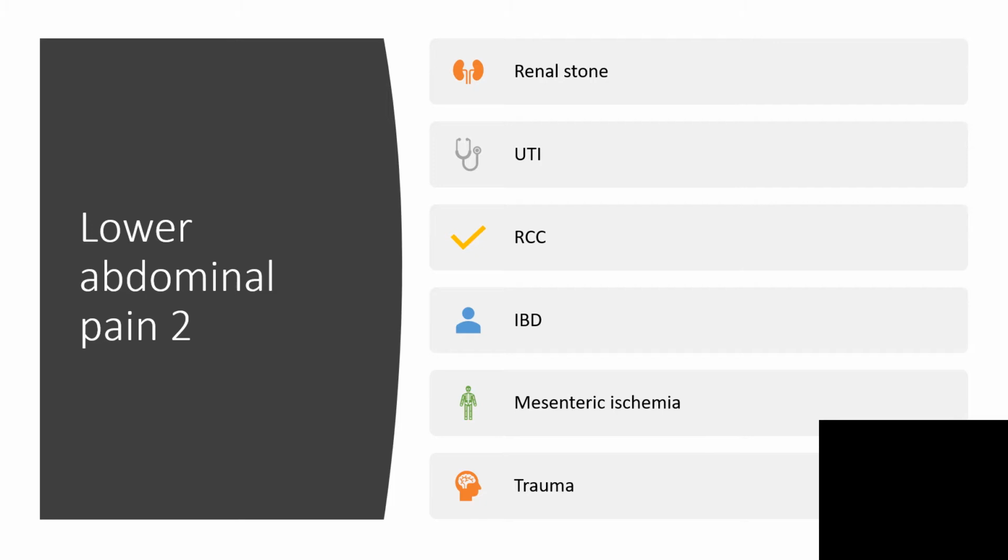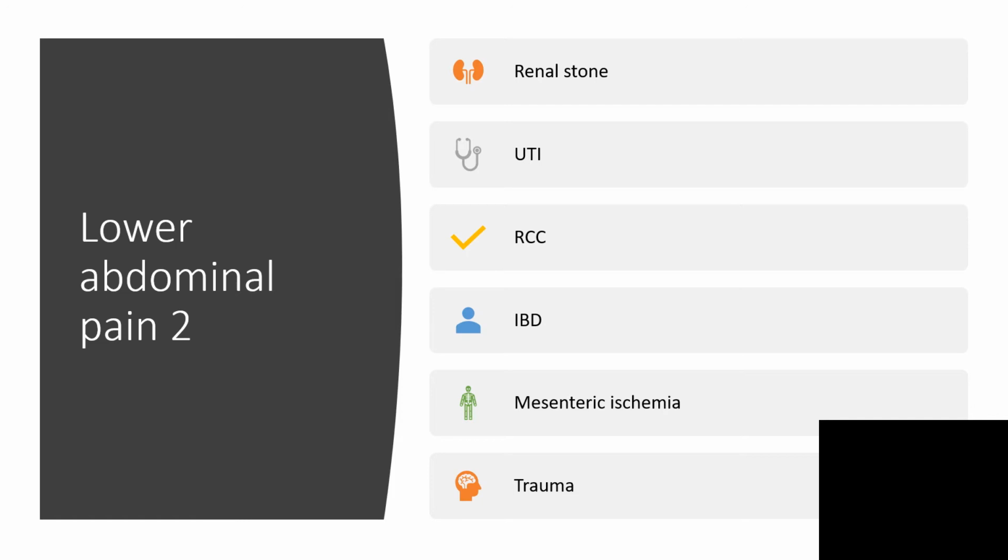Could even be irritable bowel syndrome that's associated with pain, or mesenteric ischemia in someone with hypertension or atrial fibrillation, middle age or elderly, having pain that is not proportional to whatever you think the diagnosis is at the time.